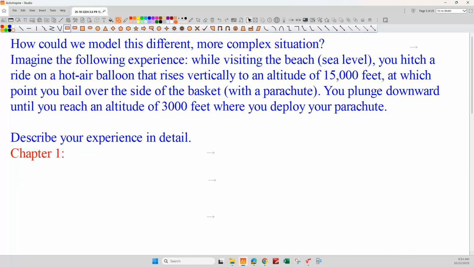Okay, but sometimes we run into situations where we have to do something different. We have to set up the whole function in a completely different way. Like, what about this one? What if we wanted to model a more complex situation like this? So you're visiting the beach at sea level, and you hitch a ride on a hot air balloon that rises vertically to an altitude of 15,000 feet, at which point you bail over the side of the basket with a parachute.